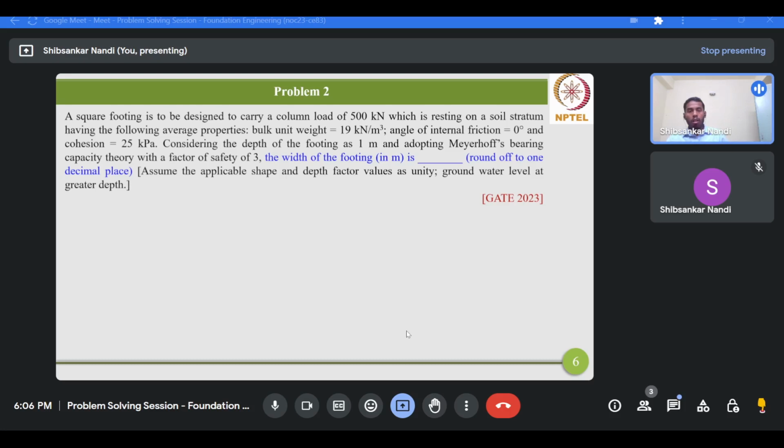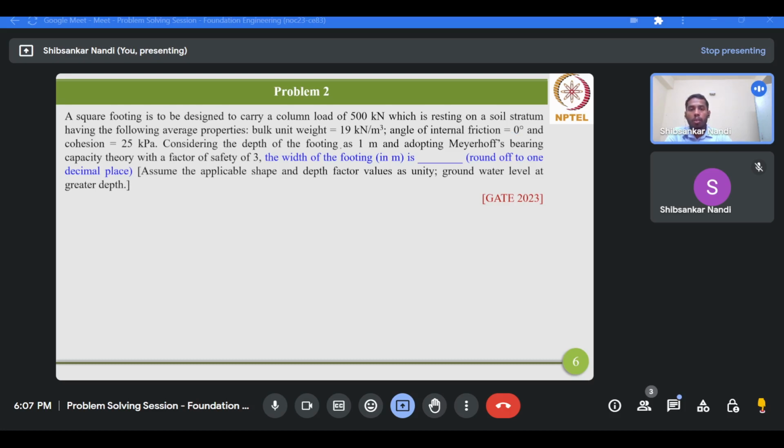So now we'll take another problem, again taken from the GATE examination 2023. A square footing is to be designed to carry a column load of 500 kilonewton, resting on a soil stratum having the following average properties: bulk unit weight 19 kilonewton per meter cube, angle of internal friction 0 degree, and cohesion 25 kPa.